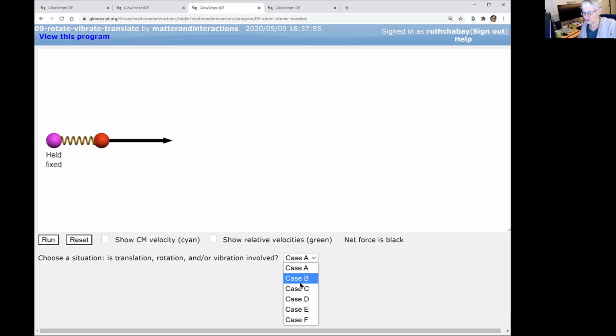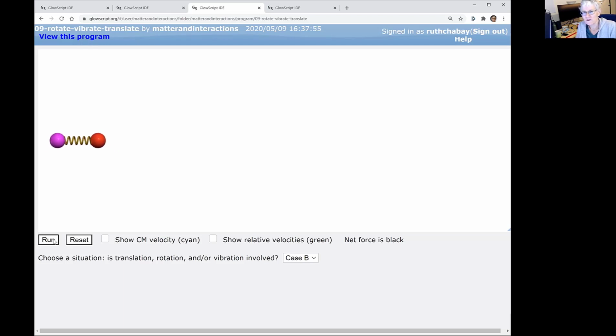Okay, let's think about this situation. So here's our masses and spring, and now it's just vibrating. So what's the deal with the center of mass velocity here?